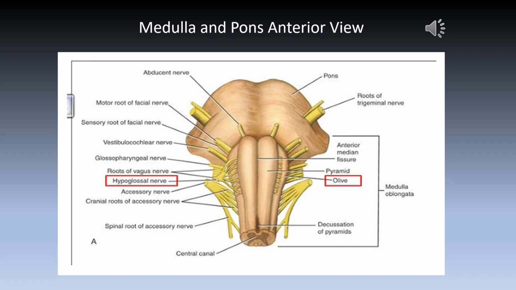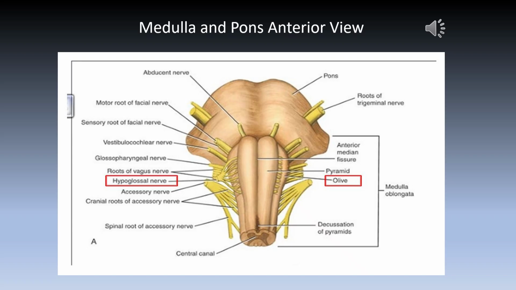Cranial nerve number 11 is the spinal accessory nerve. Its nucleus is in the medulla. It does go down to the spinal cord and then come back up again, but its nucleus is in the medulla. Also, cranial nerve number 12, the hypoglossal nerve, has its nucleus also in the medulla oblongata.